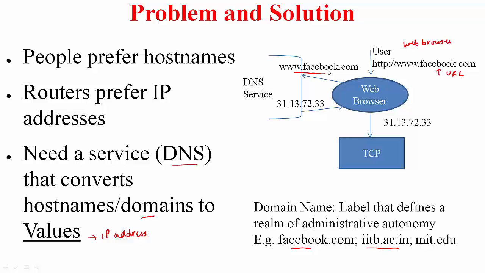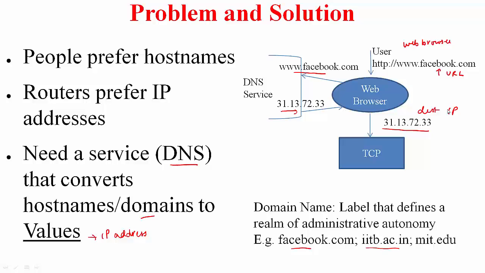And this DNS service is going to get back with an answer that says that this is the IP address corresponding to this host name. And once you get this particular IP address, your web browser then is going to establish a TCP connection to Facebook's web server by specifying to TCP what the destination IP address is.